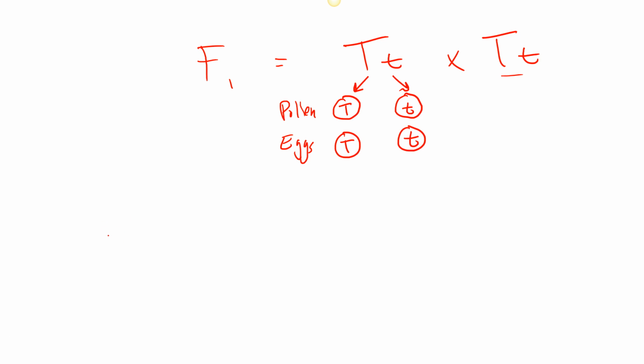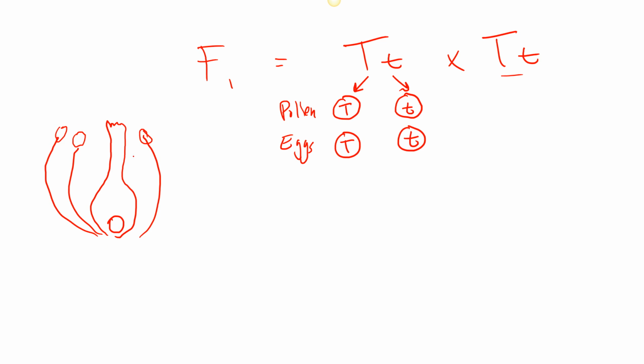If you look at a flower, it has the pistil, where the eggs are produced in the middle, and the stamen, which have all the pollen in them.